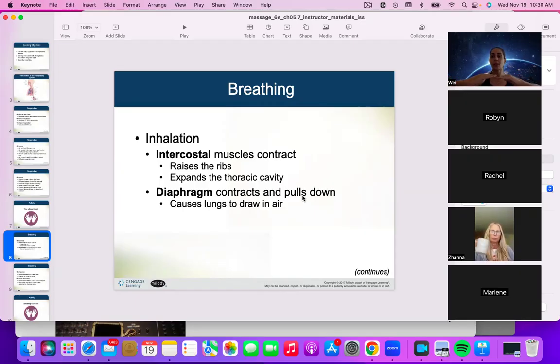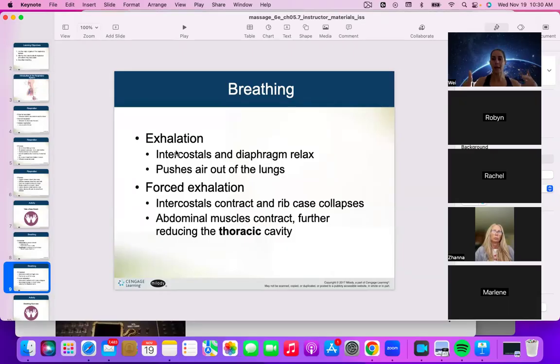And what does that do? It creates more space for the lungs to open up and breathe. So inhale comes in, expansion of your chest or rib cage, and depression of your diaphragm. That creates more space for the lungs to open up and take in that air, that oxygen.